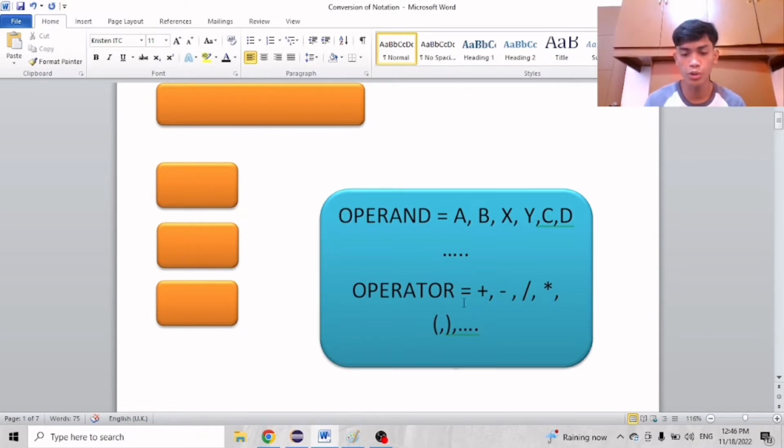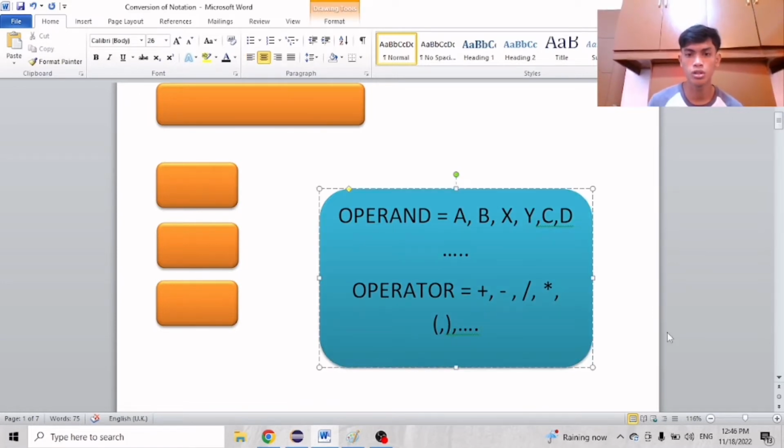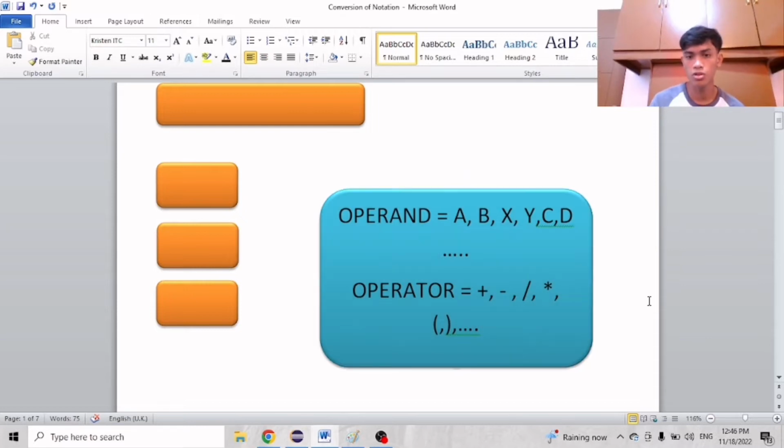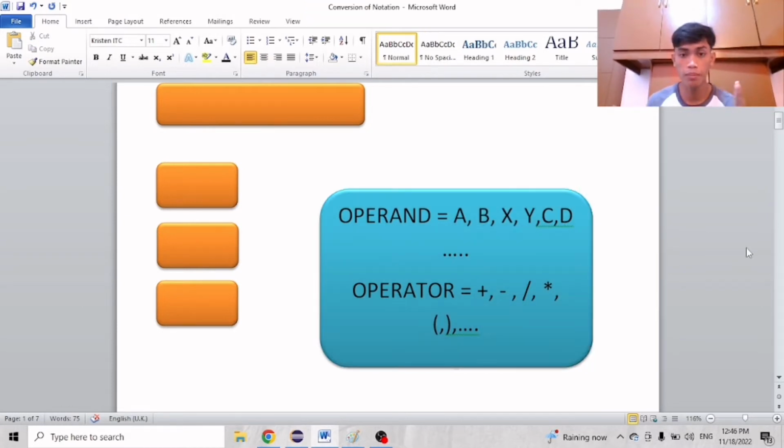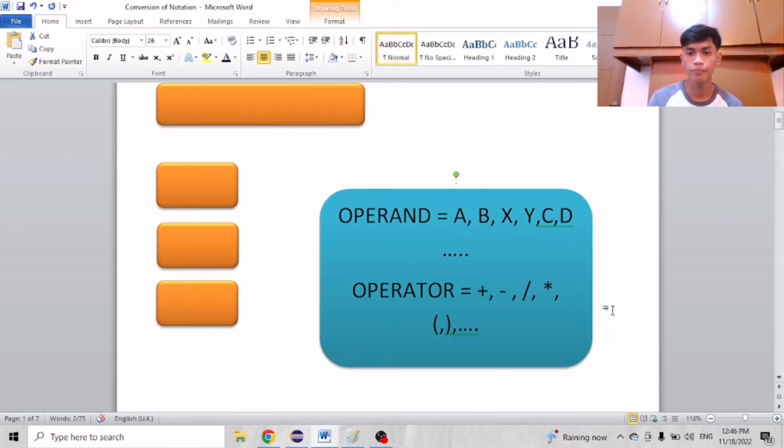So with operands and operators, there is no need to bother or be confused about the difference between the notations of an expression, because an operand is simply a letter, or it can also be a number. An operator is simply an operation like plus, minus, like that.